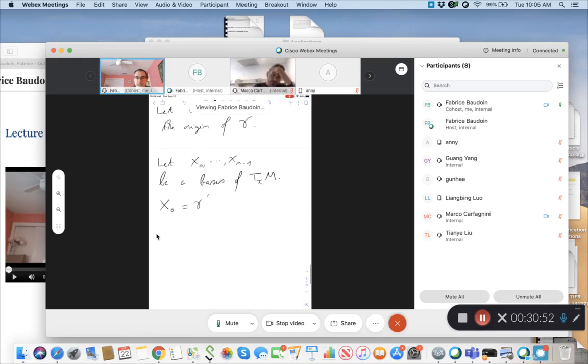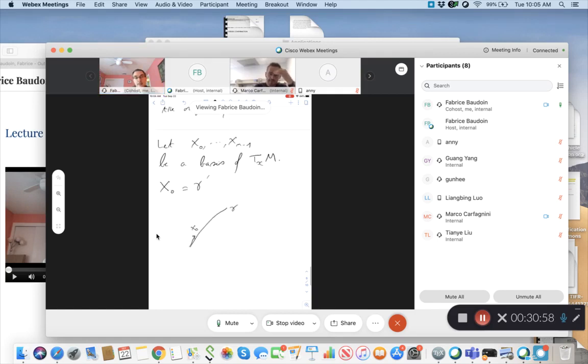So we can obtain a frame along gamma, which is called a parallel frame, by using parallel transport along the curve gamma.